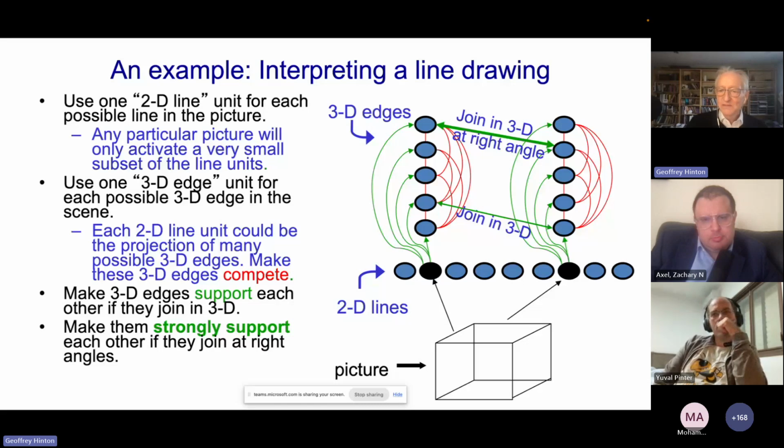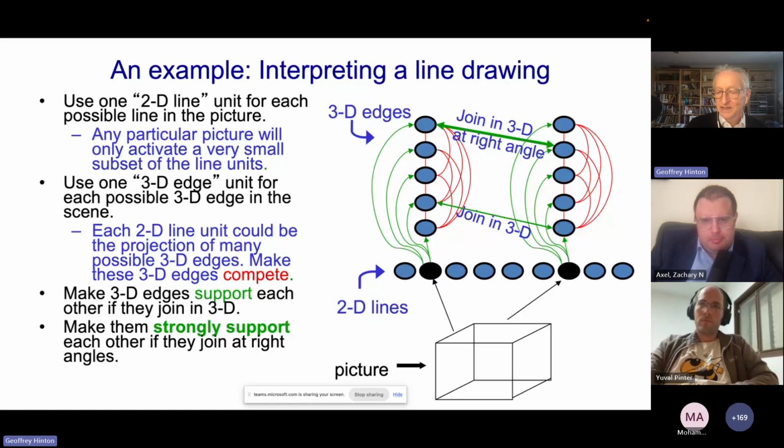And I think you can see that if we put in connections like that, that are really about what we expect objects to look like and how we expect lines to be interpreted, and we make a big network like this, the network might have many stable states that correspond, for example, to flipping that cube in depth, like the Necker cube.